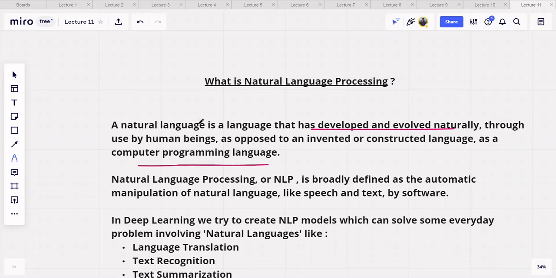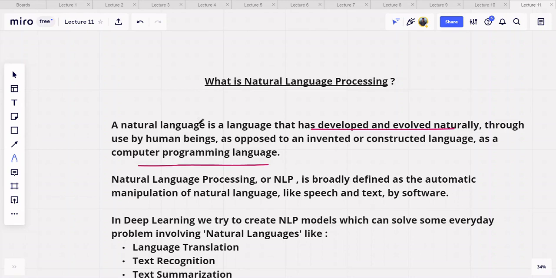We as humans have developed these languages in order to operate our computers, but a natural language has not been invented. It has developed and evolved naturally over the centuries. So English, Hindi, French, all these are natural languages that we as humans use every day in our lives.